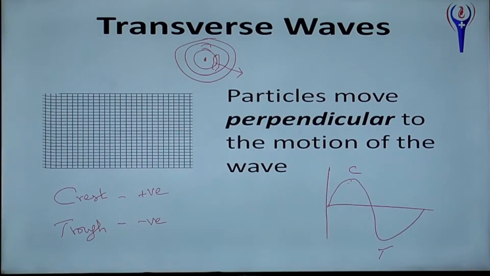Trough is the maximum displacement along the negative direction. And the distance between two crests or troughs, that is the wavelength. Distance between two successive crests or two successive troughs is the wavelength, lambda.